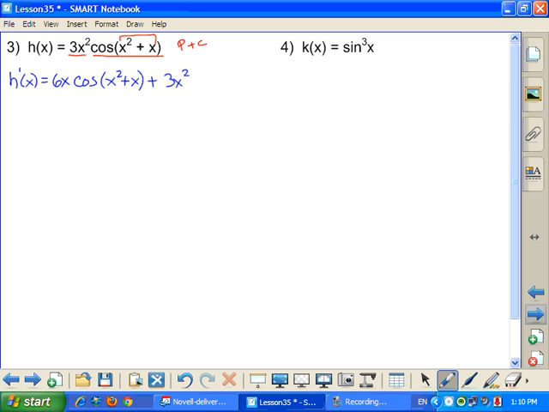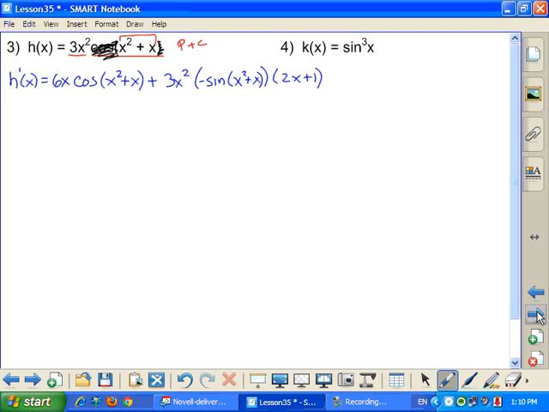The derivative of cos is negative sine. The angle remains untouched. Having stripped away the outside of the onion, now I just need to take the derivative inside, and we have the 2x plus 1. With this process, all you're doing is taking the derivative. The simplification I'm not overly concerned with.